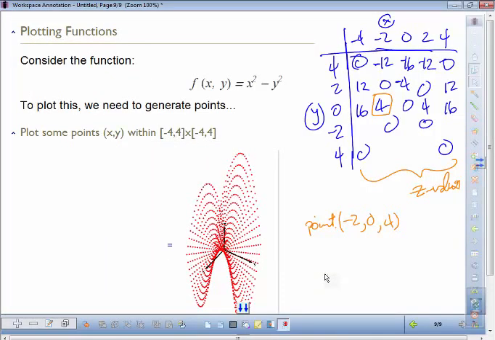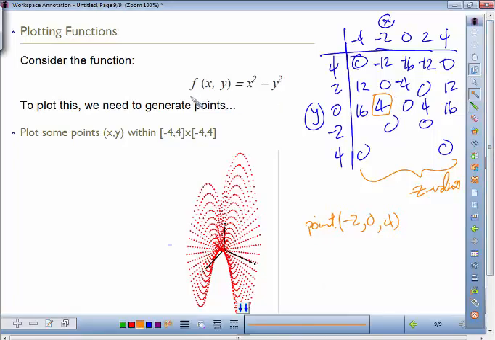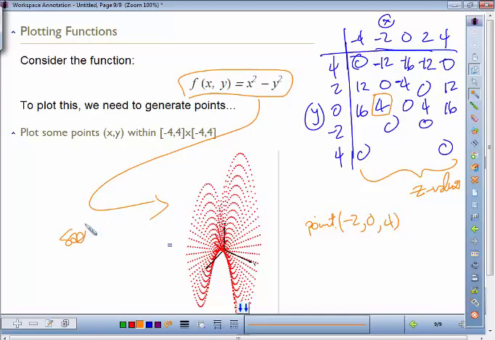So really, if you're going to plot points, you're going to need to put an awful lot of points to get a visual of how this thing might look like. Okay, so this, based on the points that we were looking at, looks like a saddle, also known as a hyperbolic paraboloid.